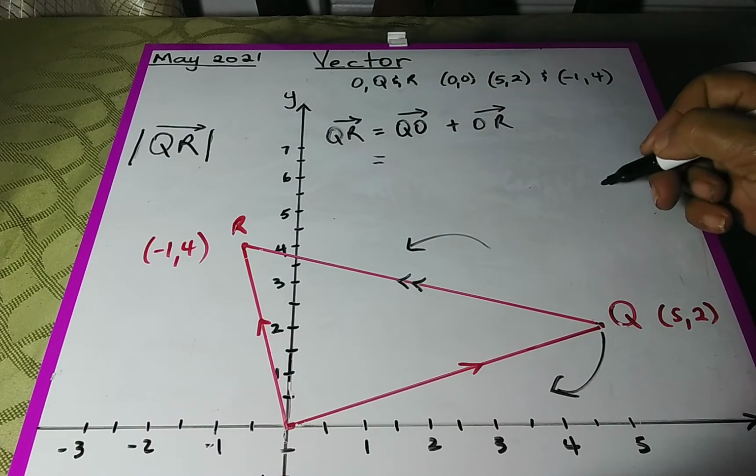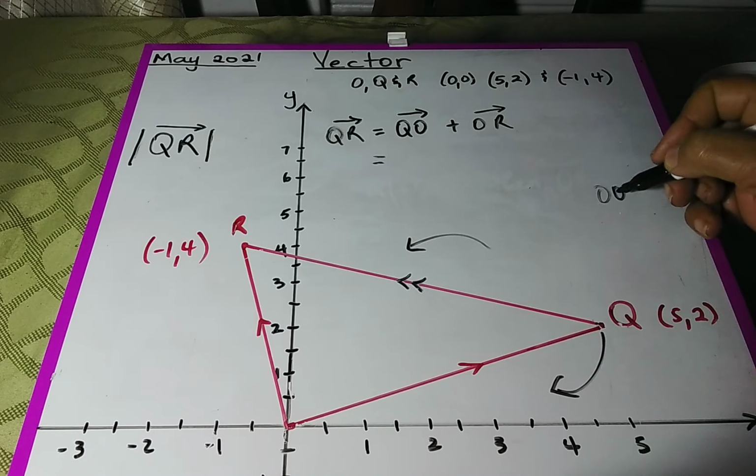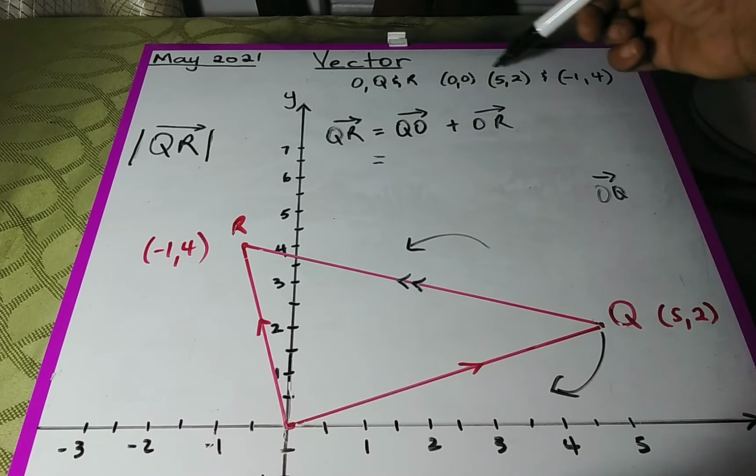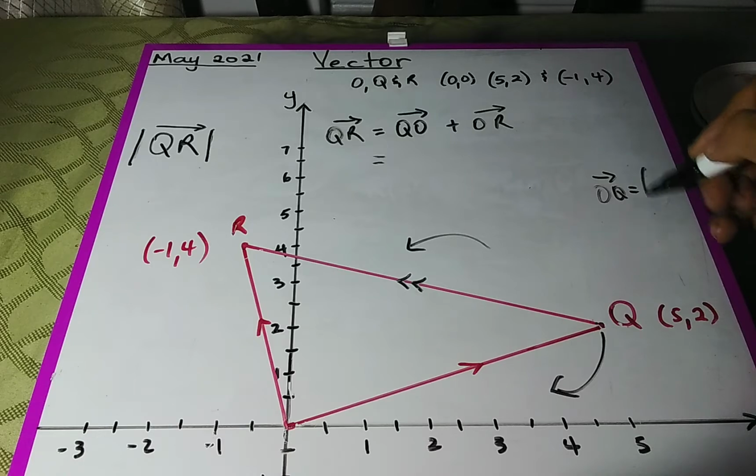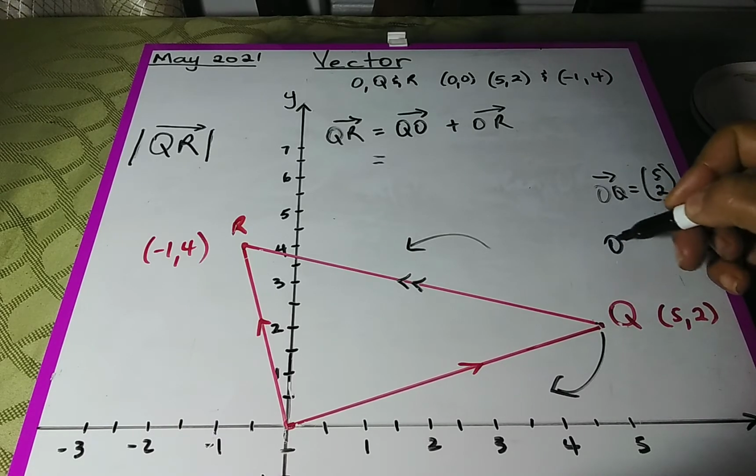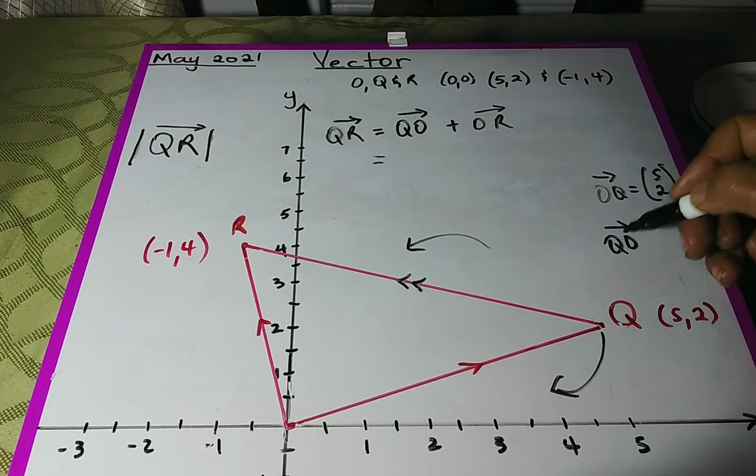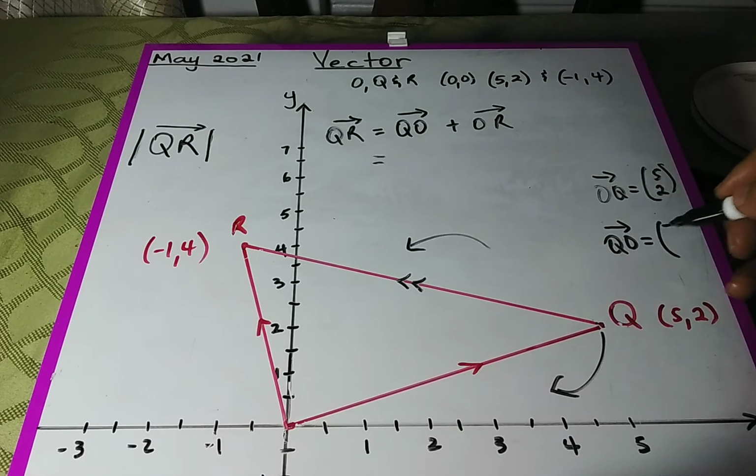So we would have known that OQ would be 5, 2 written in vector format. So vector QO would be going in the opposite direction. So it's negative 5, negative 2.